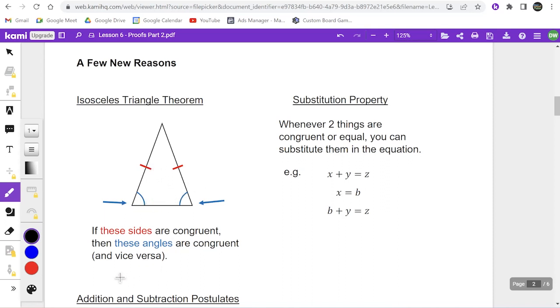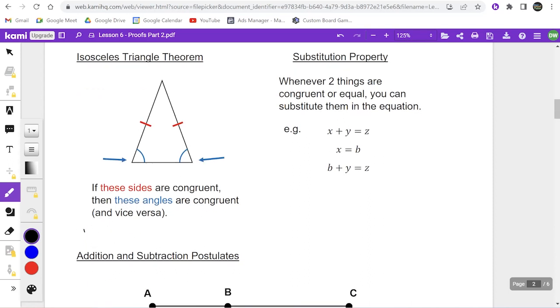By the way, there's also such a thing as, I know I didn't write it down, but I'll write it down right here, the definition of isosceles triangles.